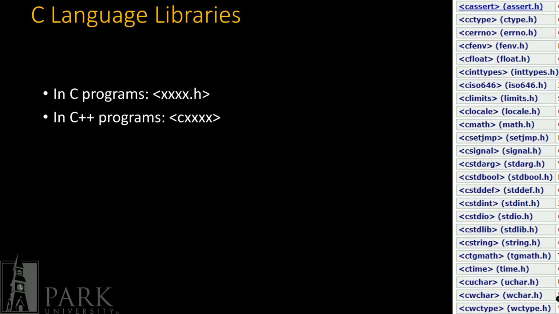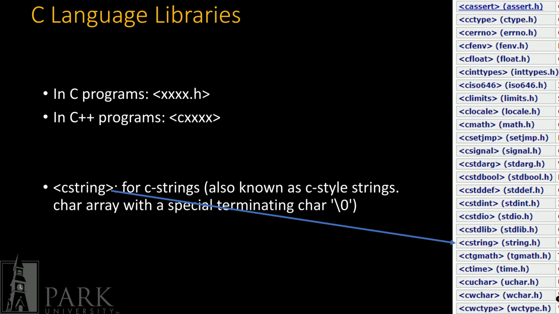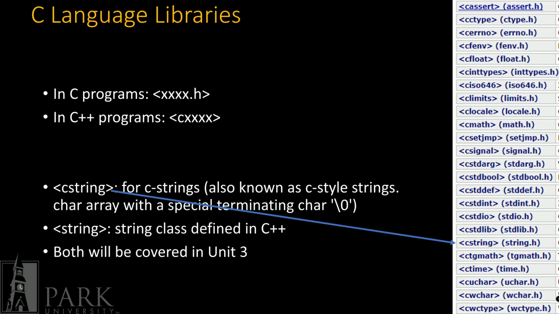That's why we have cmath and cctype. So the cstring header file is actually string.h from C and contains functions for C strings. And the string header file is for the C++ string class that we've been using. And then we'll explain C strings and strings in the next unit, Unit 3.